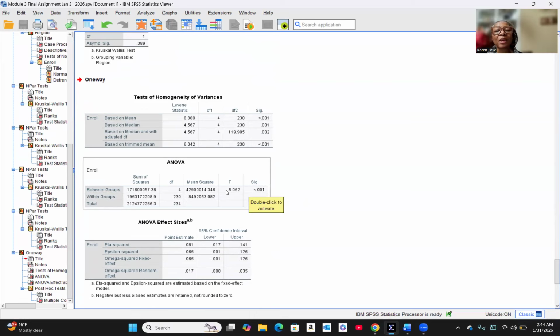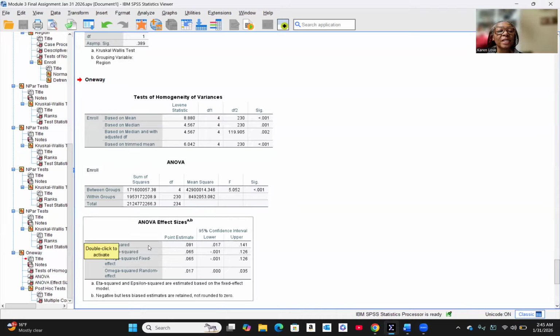We also see the F value of 5.052. When we look at the degrees of freedom, between groups we see 4, within groups we see 230, for a total of 234. When we look at the eta squared, that is 0.081.